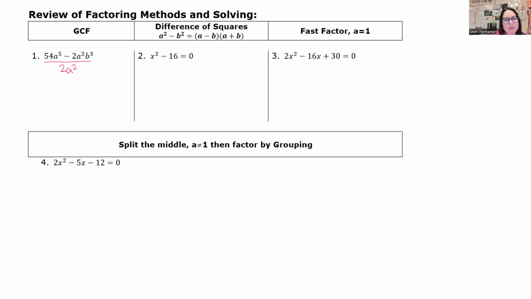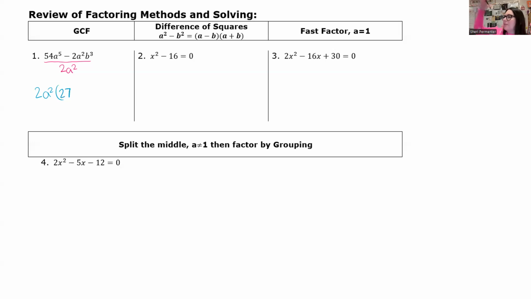From here, I'm going to pull out the 2a squared, and then I'm going to write down what I have left. If I divide 54 by 2, what do I get? 27.